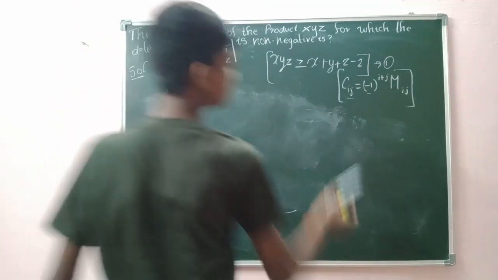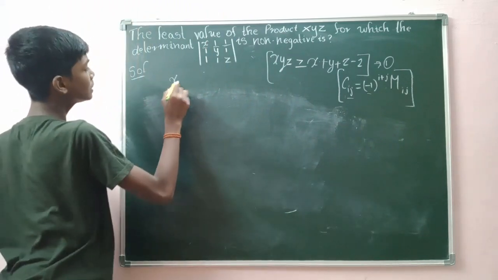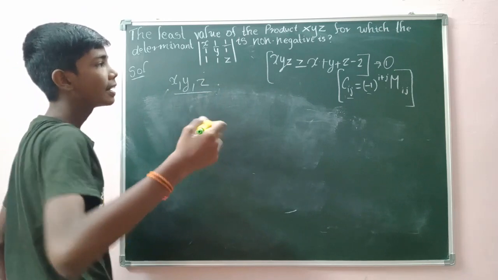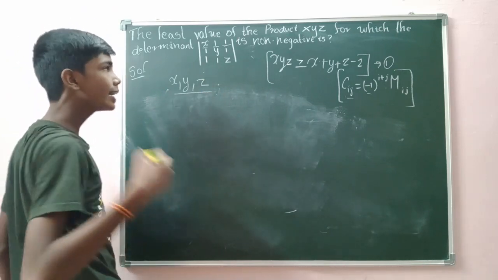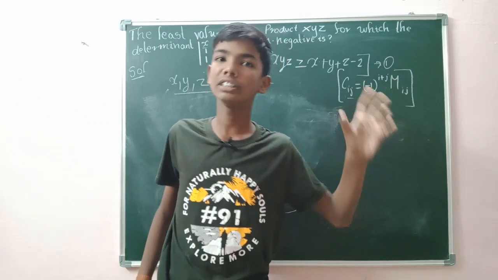Okay, so when you rub this, now for the 3 elements x, y, z, using your AM and GM inequality, write the inequality. Using your AM and GM and HM inequality, don't include HM, just include AM and GM.